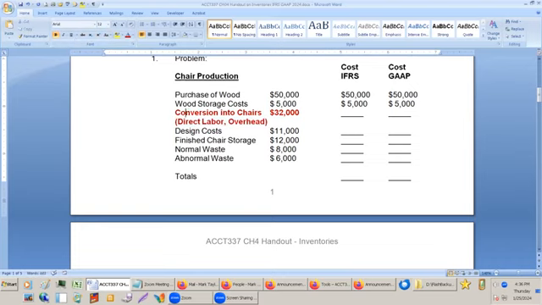Conversion costs are the cost of converting wood into whatever we're making here, chairs. So converting the wood into chairs is a conversion cost, and it's direct labor and overhead that is used to convert those. So for both of those, this would be included in the inventory.